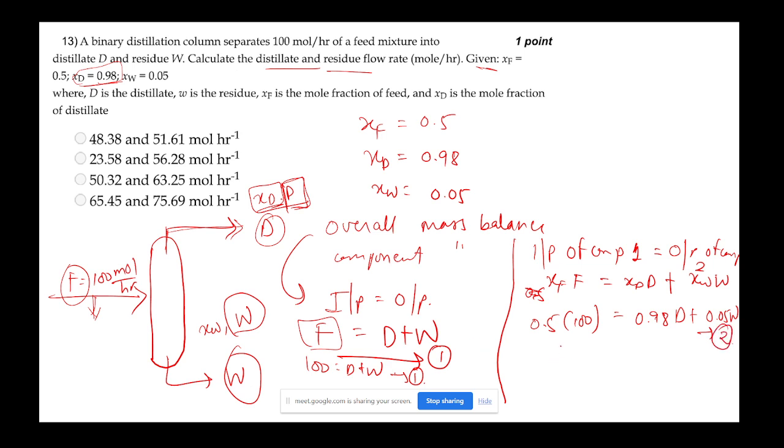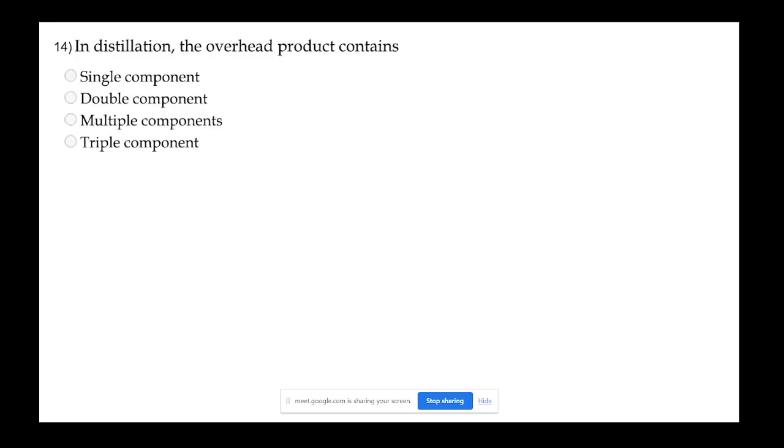Now if you solve equations 1 and 2 by cross multiplication, D will come out to be 48.38 mole per hour. It has to be the same as the feed unit, and W comes out to be 51.61 moles per hour. You can solve by yourself by solving these two equations.